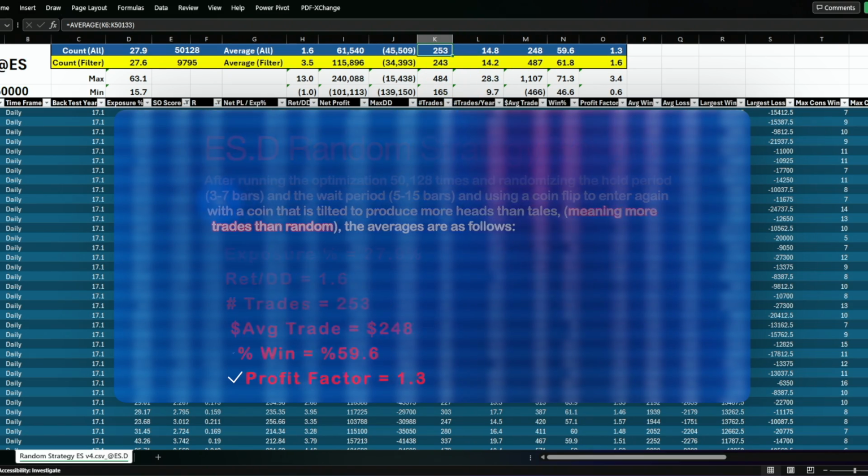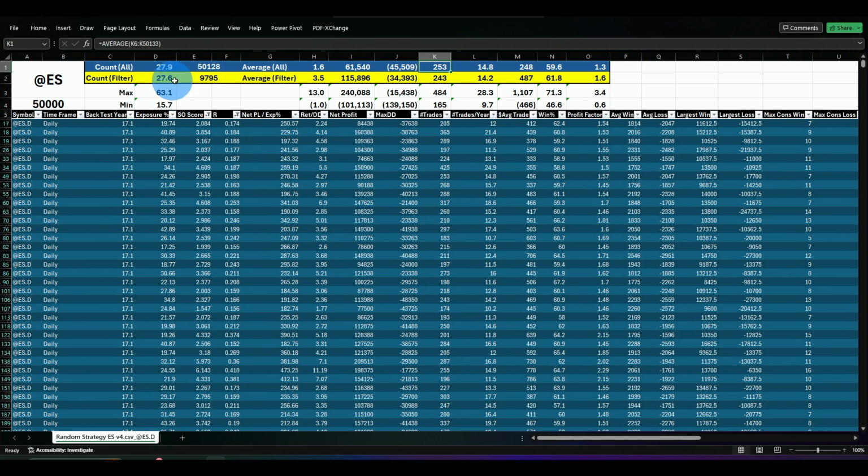Now I filtered the really good strategies, and you can see they're about 20% of the total. But interestingly, it's about the same number of trades, double the return to drawdown, and about double the average trade, but same exposure and about same profit factor.